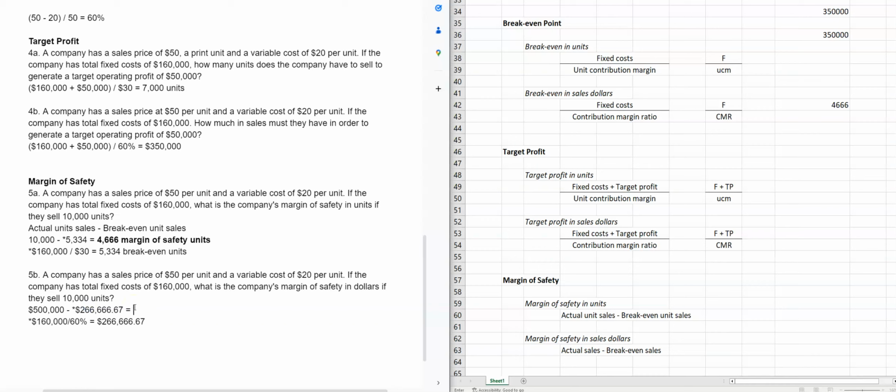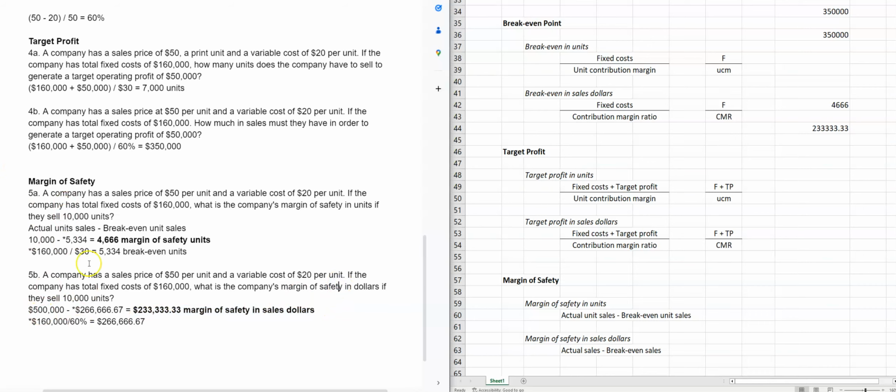When we do that math, we ask, how far above are we? 500,000 minus 266,666.67 is $233,333.33. Let's write that out. Margin of safety in sales dollars. So our sales are $233,333.33 above our break-even point.